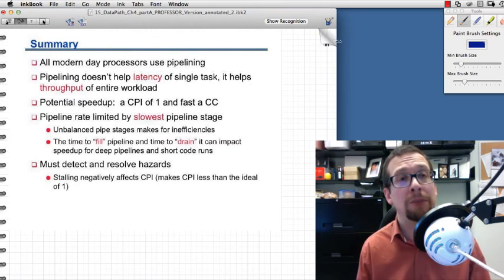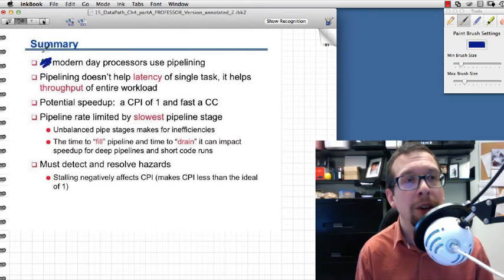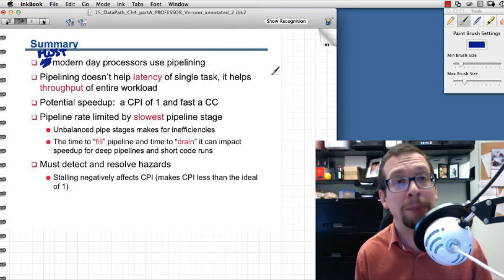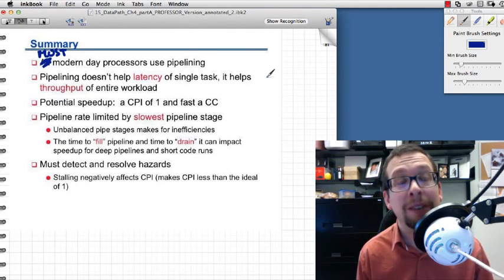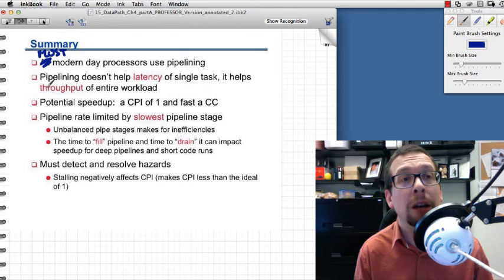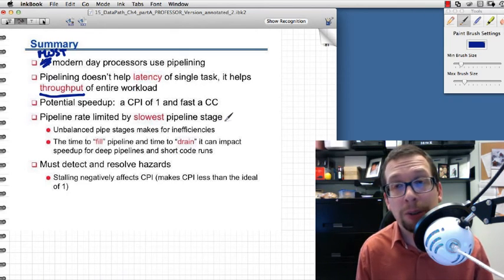Okay, so in summary, most modern day processors use pipelining to one degree or another. Pipelining doesn't help with the latency of a single task. A single task will take just as long, or maybe even a little bit longer, but it does improve the throughput of an entire workload, so many instructions over a long period of time, like 1 million instructions.